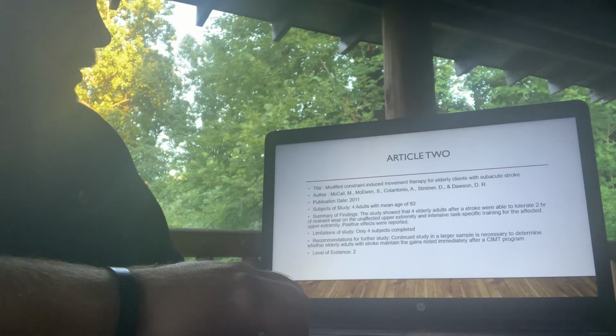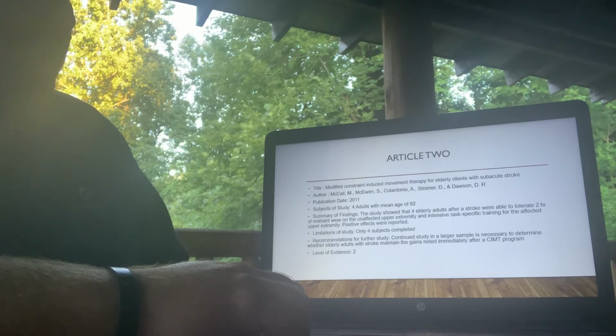The study showed that the 4 elderly adults after a stroke were able to tolerate 2 hours of restraint wear on the unaffected upper extremity and intensive task-specific training for the affected upper extremity. Positive effects were reported for all 4. Again, the limitation was the small group; only 4 subjects completed the tasks. The recommendation for further study is that continued study in a larger sample is necessary to determine whether elderly adults with stroke maintain the gains noted immediately after a CIMT program.